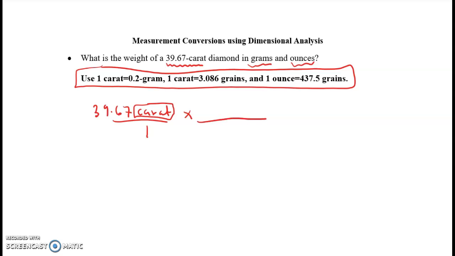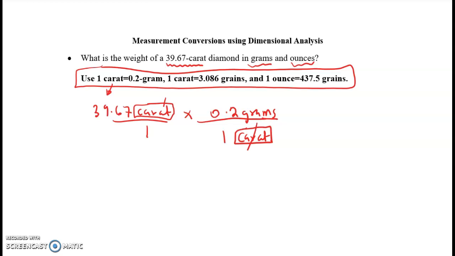So we should have carat at the bottom to get rid of the carats we have at the top of the first fraction. We're going to use 1 carat equal to 0.2 grams as our identity ratio. So the 1 carat will stay at the bottom, and we're going to have our 0.2 grams at the top.